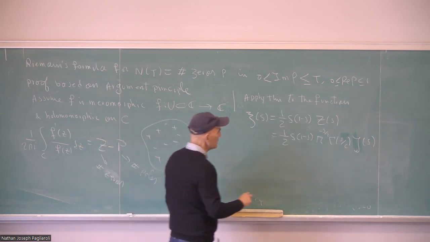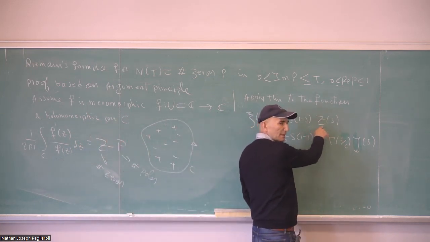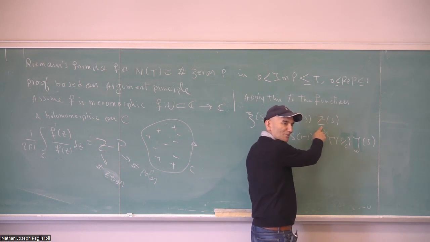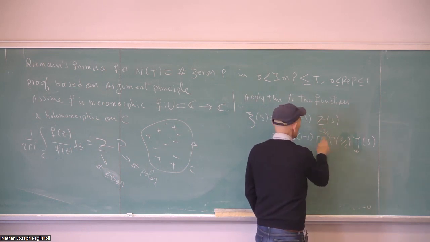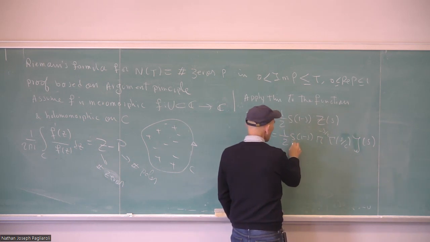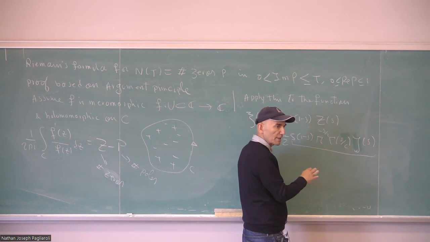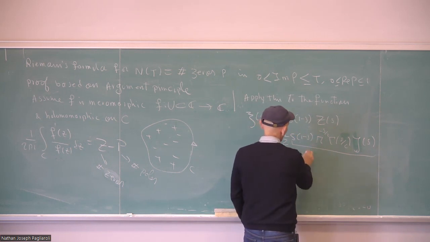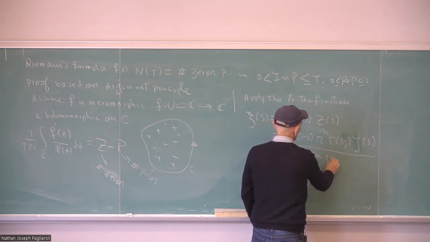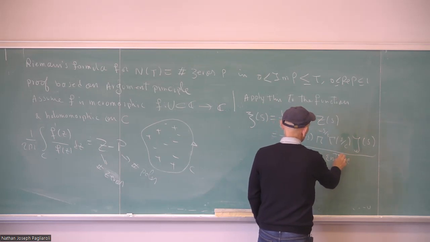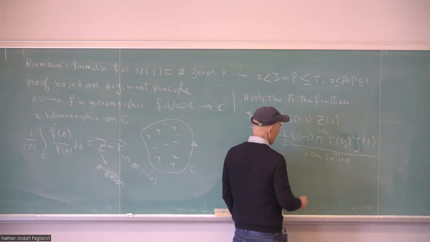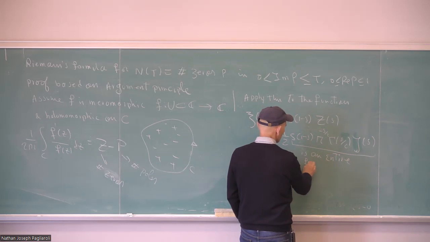We want to kill the poles, because zeta of s has simple poles at 0 and 1, right? So we want to kill those. As a result, this function is actually a holomorphic function in the complex plane. So it's an entire function. I don't know if you were told this term in complex analysis or not, but this is an entire function.